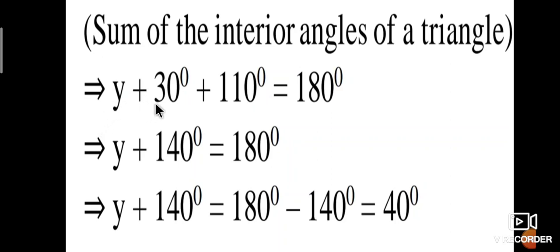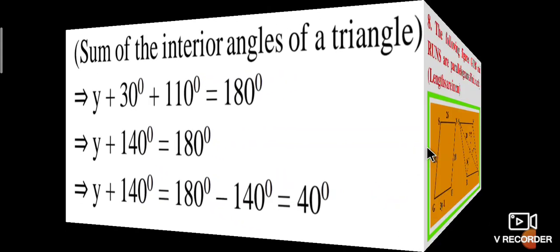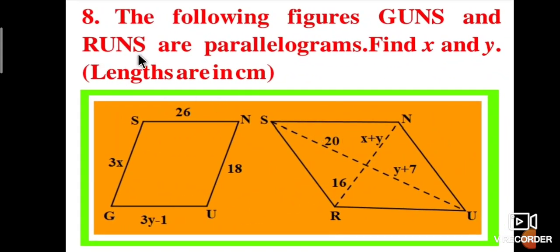According to that, y plus 30 plus 110 is equal to 180. 30 plus 110 is 140, so y plus 140 is equal to 180. Transferring 140 from the left side to the right side, y is equal to 180 minus 140, that is equal to 40 degrees.